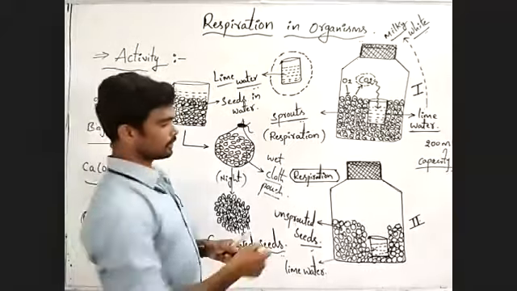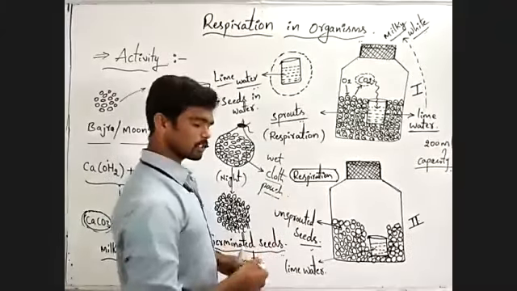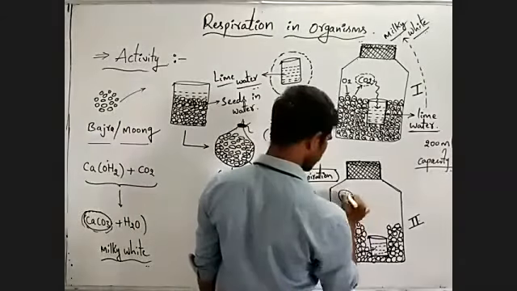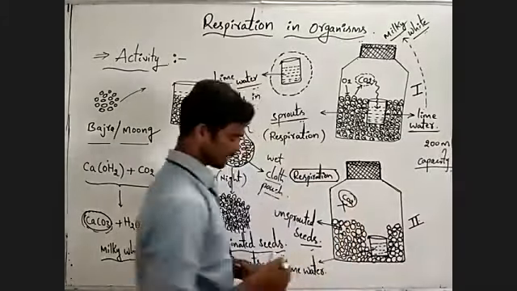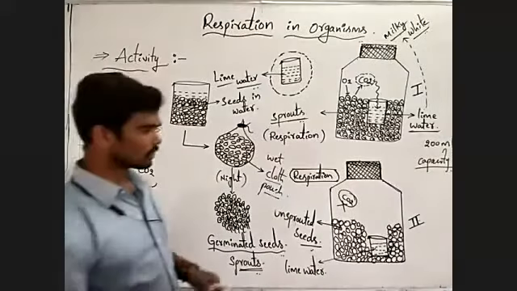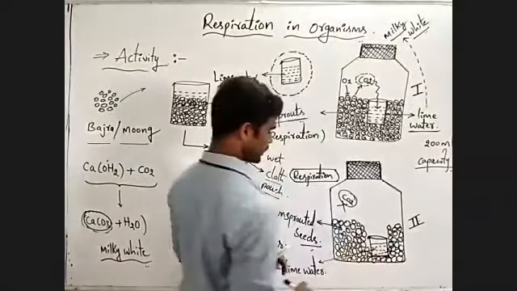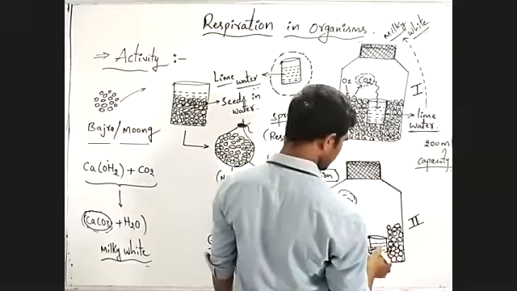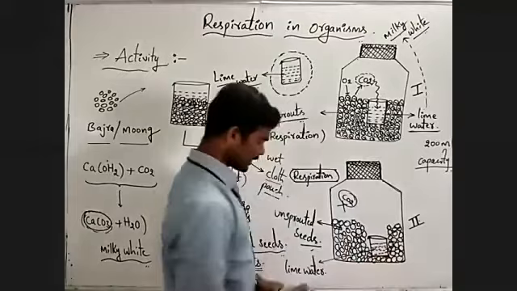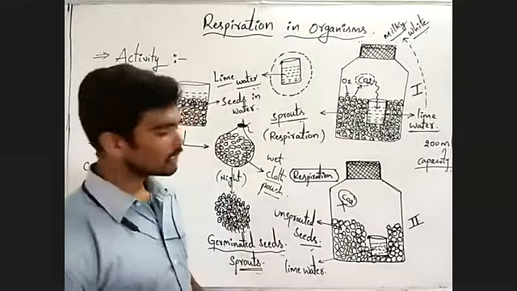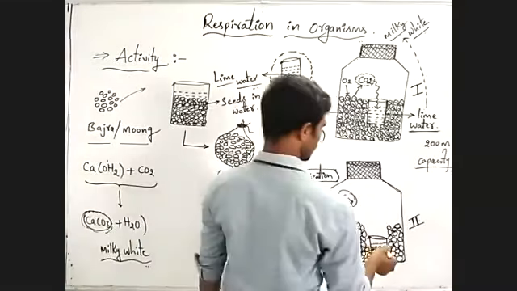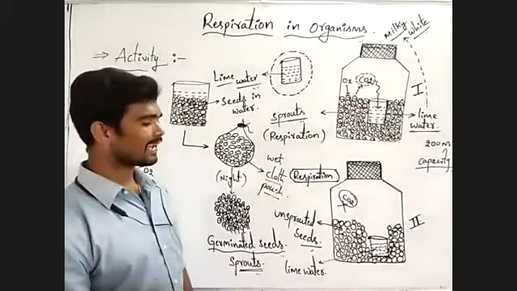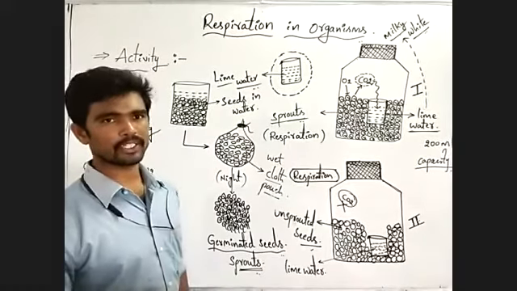Due to the absence of respiration, carbon dioxide gas is not released from the unsprouted seed. Next, lime water does not react with any gas. In such condition, lime water remains as it is without any change.